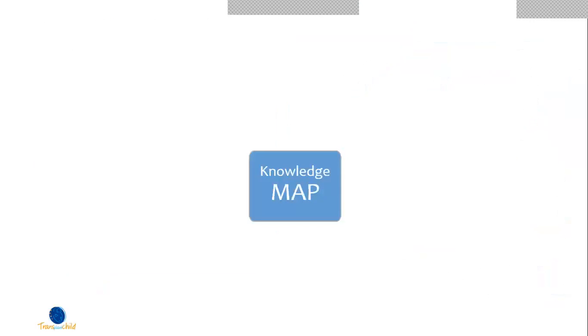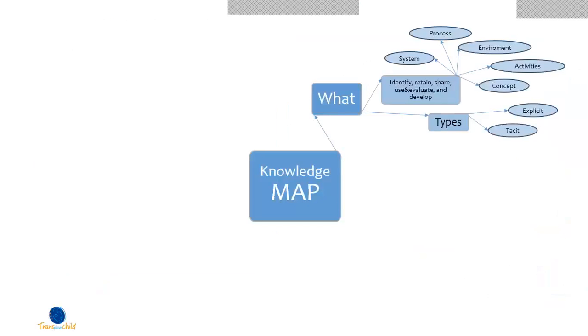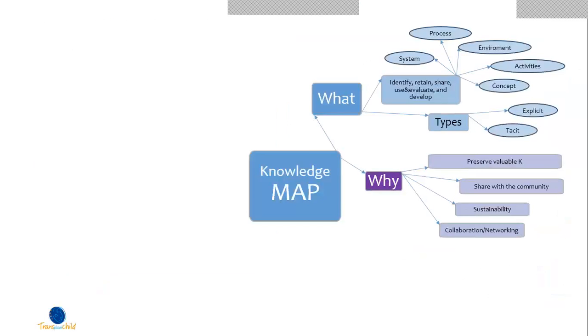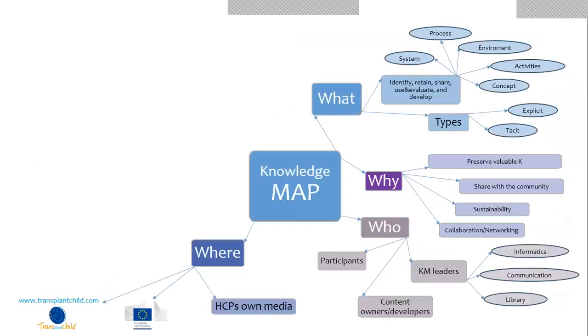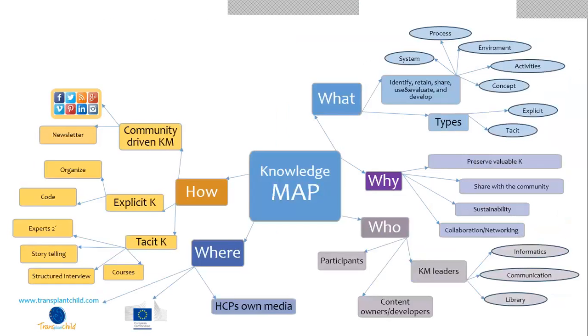So one very useful tool to organize knowledge is to perform a knowledge map. This was done here and presented in the third board of the ERN. You have to know and decide what is knowledge for your specific organization, in this case the ERN, why it's necessary to do knowledge management, who is doing knowledge management in some way, all of us, where are we going to share and use our knowledge: in the HCP on media, in the European Commission website, and in the TransplantChild website.